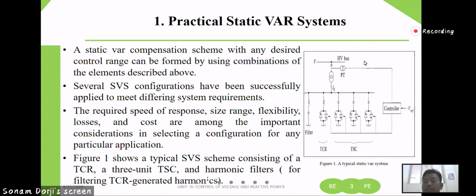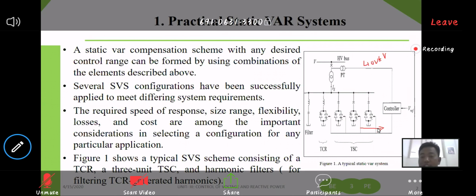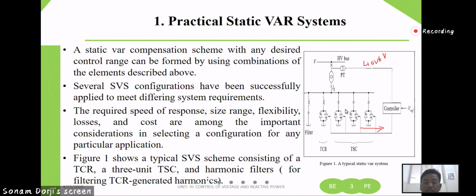For example, for a 400 kV transmission line, you have to see what type of speed of response you require, then size ranges, flexibility, how we can use it, what losses are taking place in this transmission line, and then cost. Definitely if we increase the number of TSCs, cost will also increase. So we have to optimize, and based on that we select for any particular application.